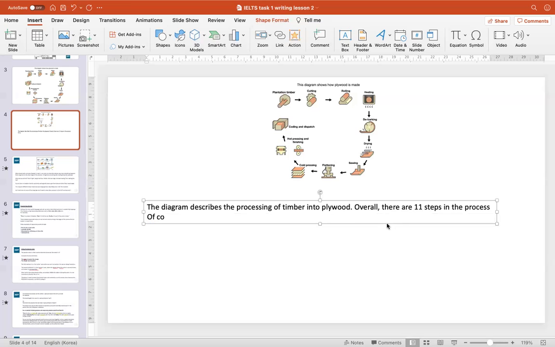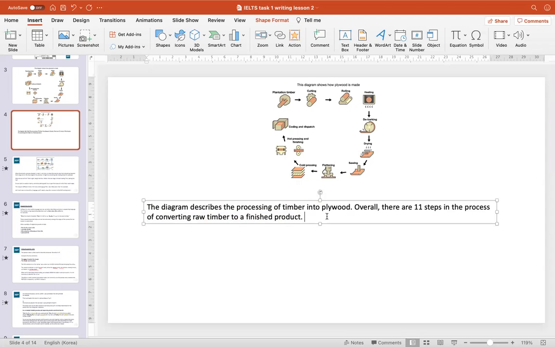of converting, I don't know, is it raw timber to a finished product, something like that, right? Yes. So that's your overall statement. So you need an opening sentence which says what is shown, and then you need an overall statement which gives an overview, but nothing specific about the actual steps involved.